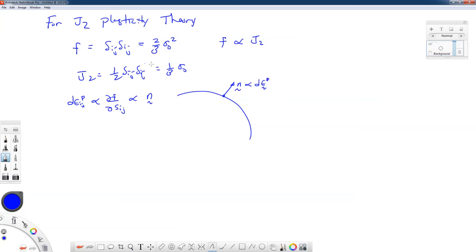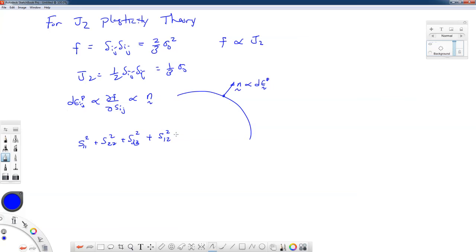Well, it's pretty easy to find what our unit normal is if we have functions Sij Sij, that's basically expanding that out. We would have terms like S11 squared plus S22 squared plus S33 squared plus the shear terms S12 squared. Now, here's where I like to use a 9-dimensional stress space.